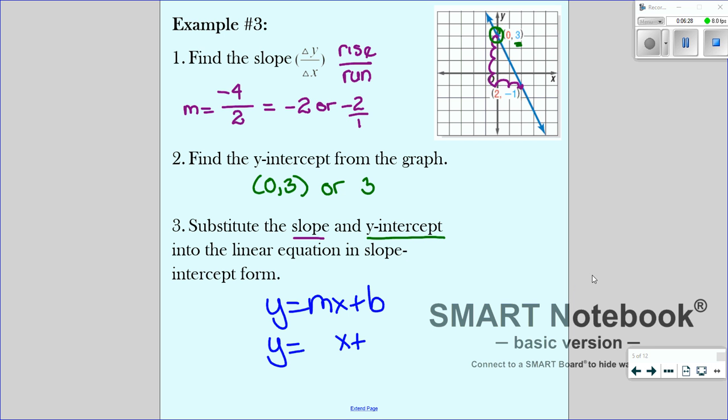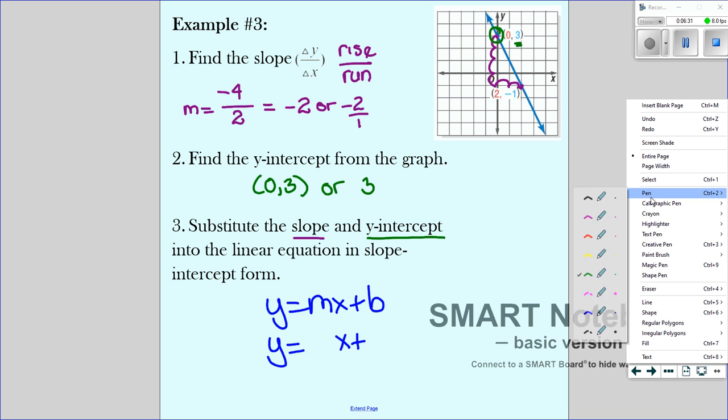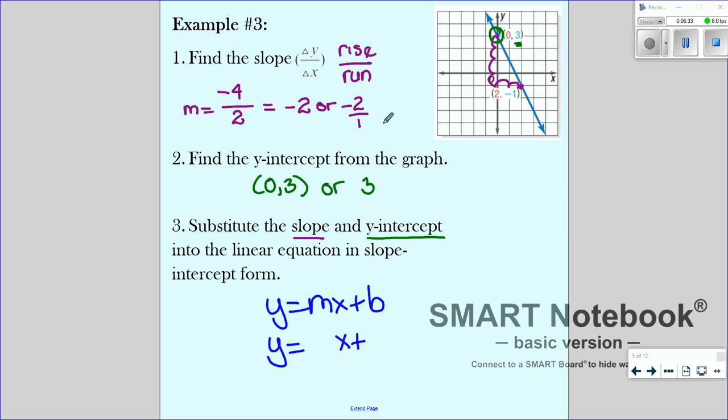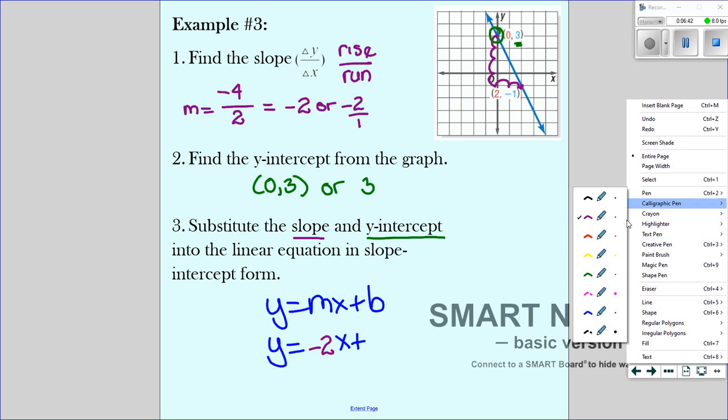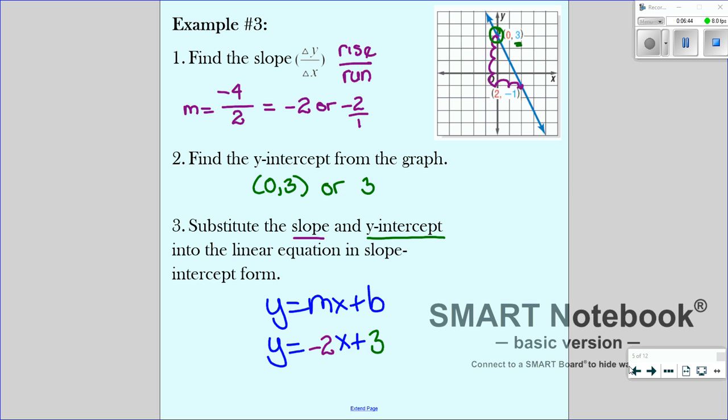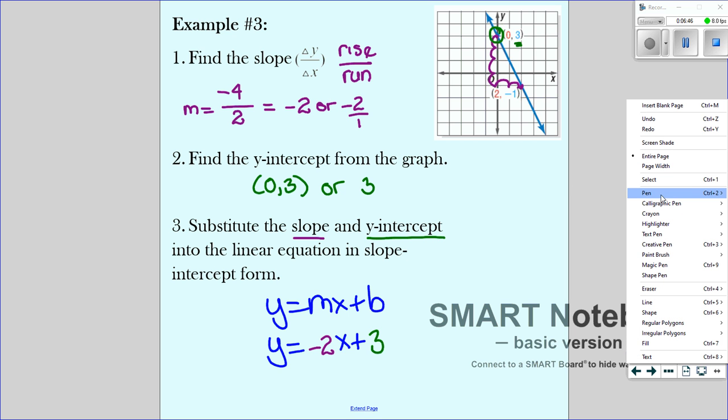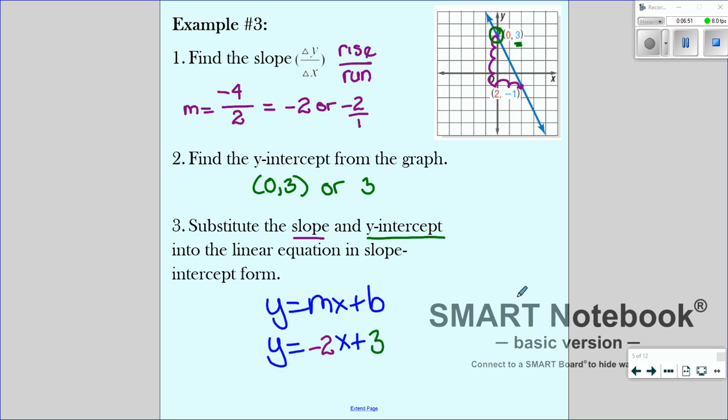So start off with the slope. Our slope was negative 2, and our b was 3, and I'll put that in green. And there is our equation of a line based on us finding the slope on the graph and finding the y-intercept also on the graph. So that's how you would do it if you are working with a graph.